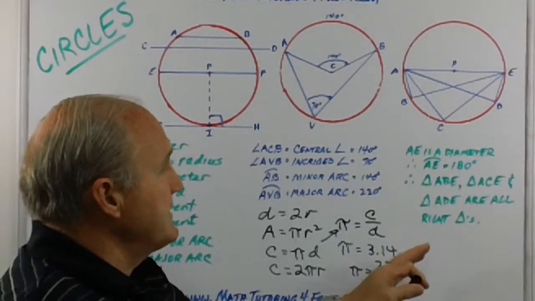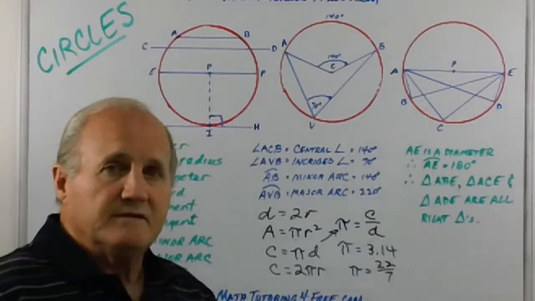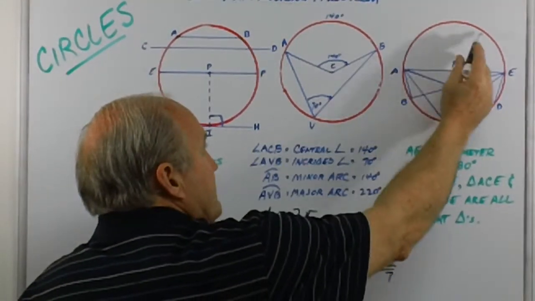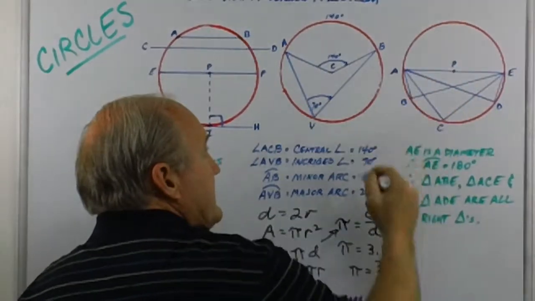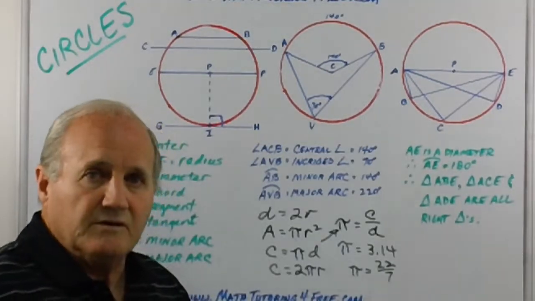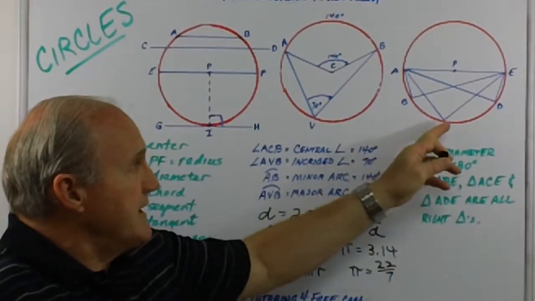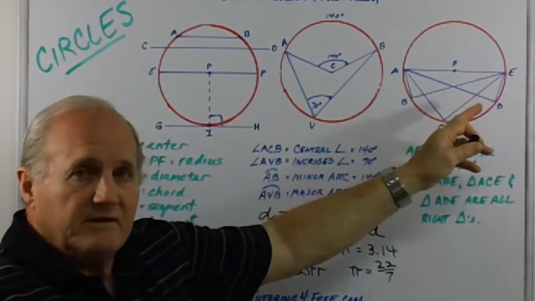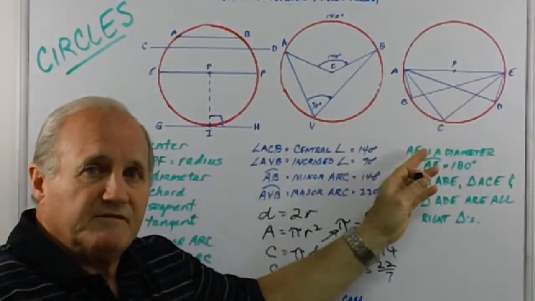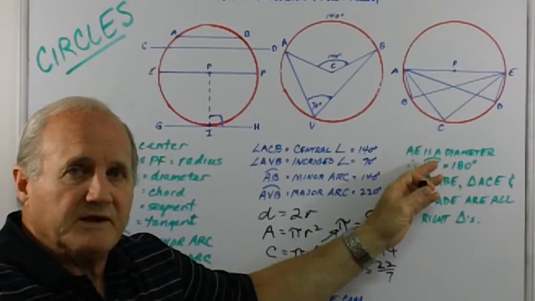And finally, here's a case where we've drawn a diameter AE, so we've got an arc of 180 degrees, and also an arc on the lower half of the circle. Any inscribed angle that uses that arc would be one half of 180 degrees, which is a 90-degree angle.